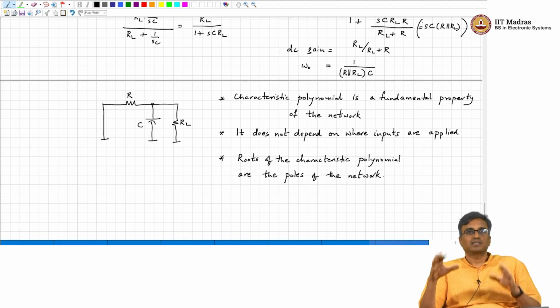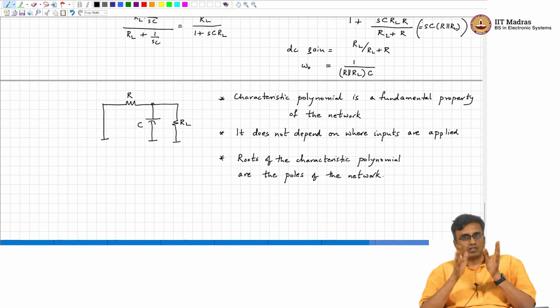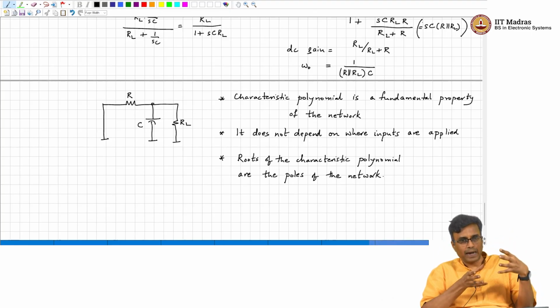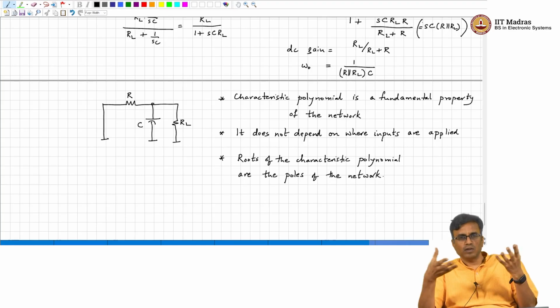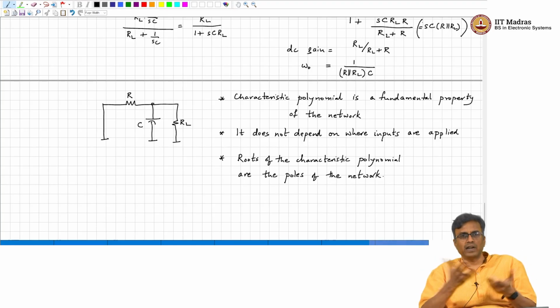And since the characteristic polynomial does not depend on where the inputs are applied, it follows that the location of the poles is also independent of where you apply the inputs, correct.